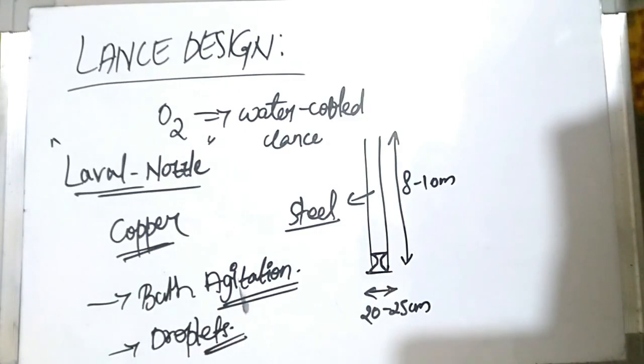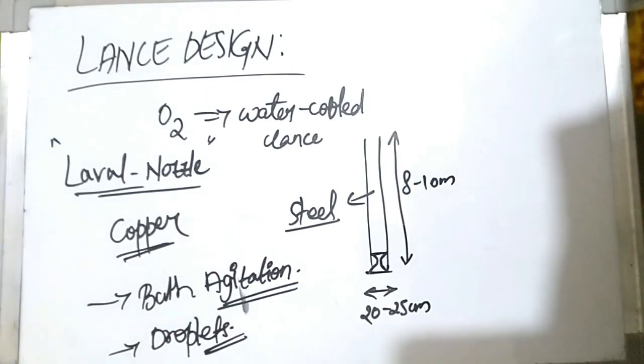The advantage is that the droplets have more surface area, so the oxidation can be very fast and rapid. By increasing the surface area, we can increase the rate of the reaction. So the surface area is increased due to the formation of these droplets. So this is about the lance.